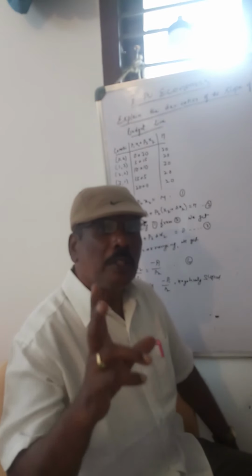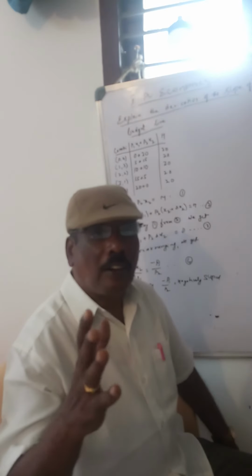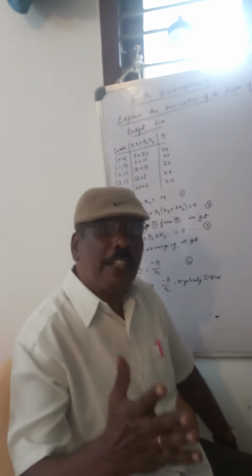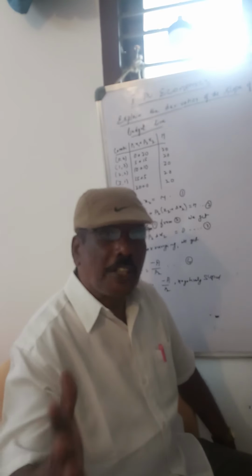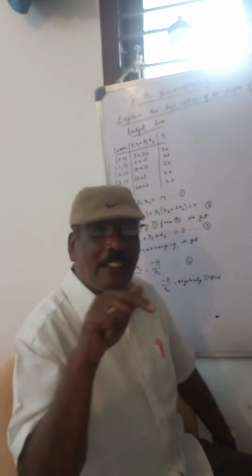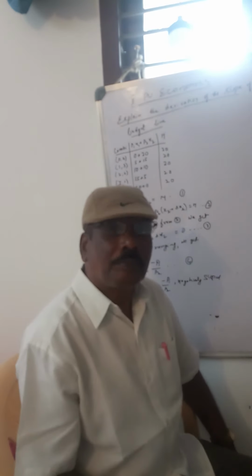And we assume 2 commodities model in the ordinal approach. And in the cardinal approach, we have studied the law of diminishing marginal utility. Here in the ordinal approach, we study the indifference curve analysis.